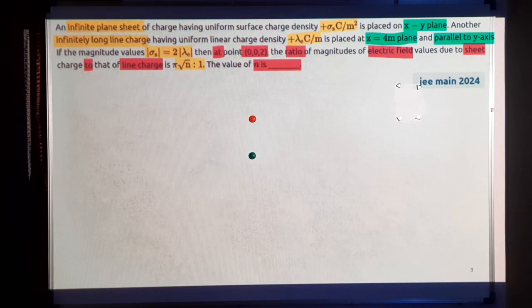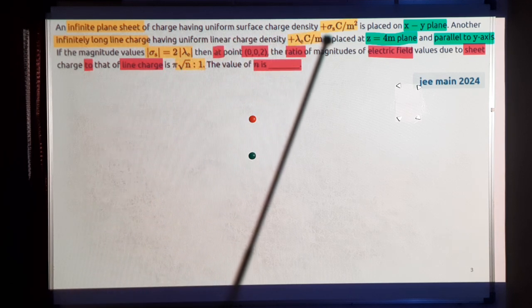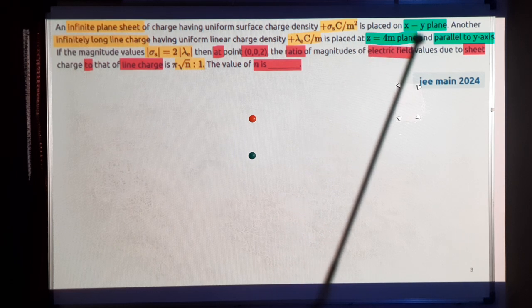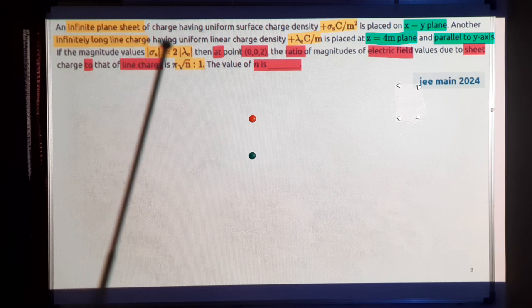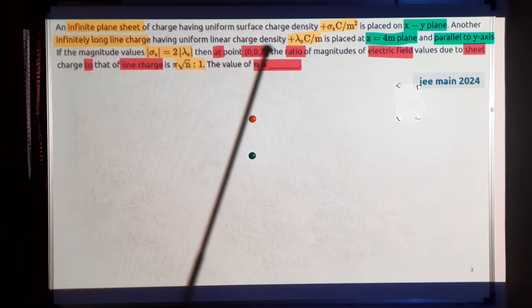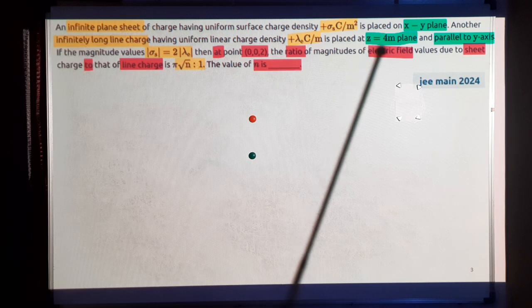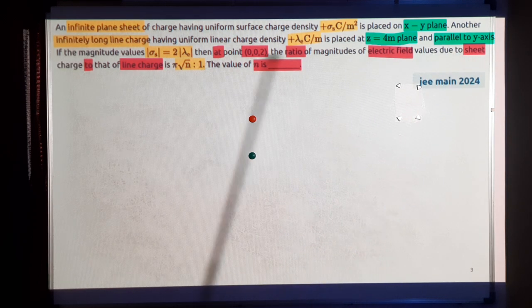This is the first question. An infinite plane sheet of charge having uniform surface charge density sigma_s coulomb per meter square is placed on the xy plane. Another infinitely long line charge having uniform linear charge density lambda_e coulomb per meter is placed at z equal to 4 meter plane and parallel to the y-axis.